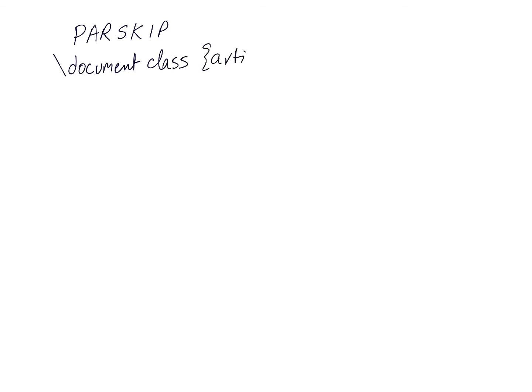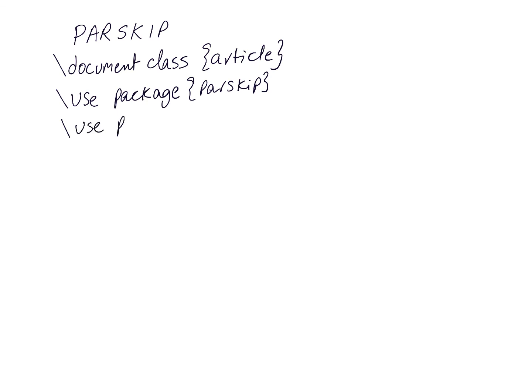So document class, again article, use package parskip, use package URL. What the URL package does is if you click the URL, it's going to take you to that link.